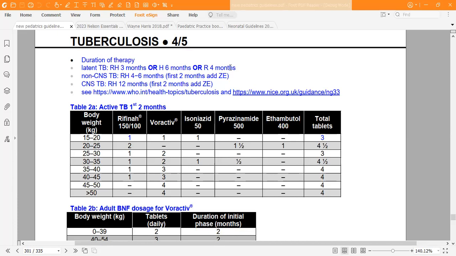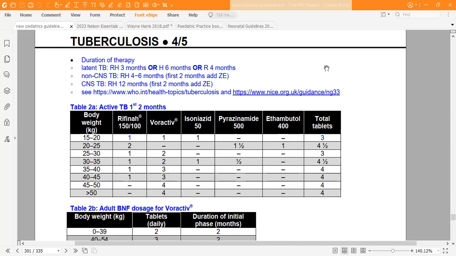He is asymptomatic, but when you do a chest X-ray, you will find signs and something in the chest X-ray, but he is not symptomatic. That's what we call latent TB. So he will start taking the rifampicin isoniazid for 3 months.